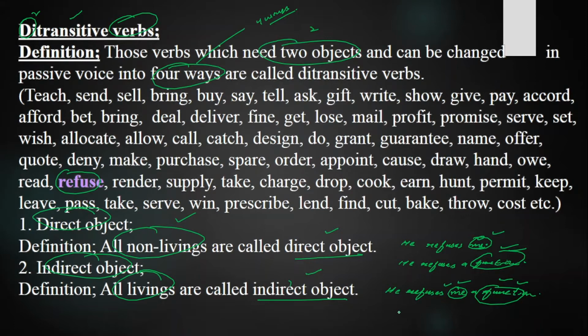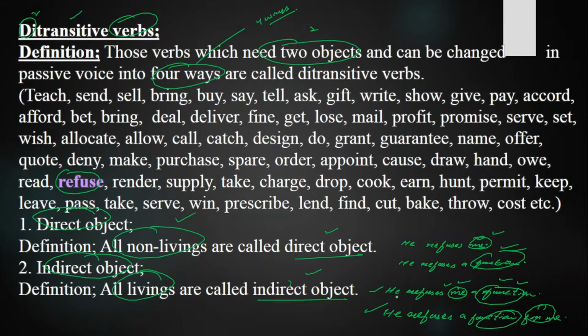Like me will be followed by the preposition for. Like I say, he refuses a function for me.